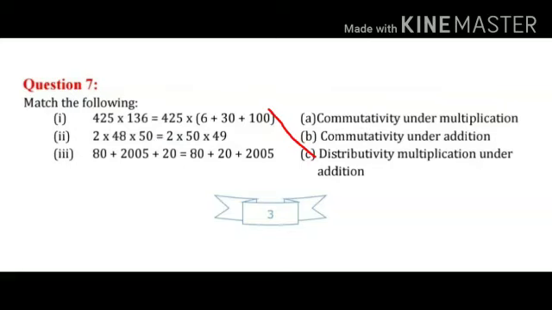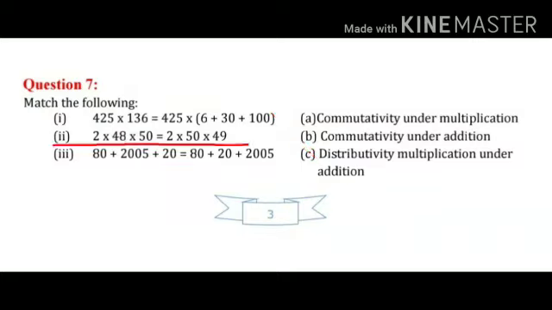Now how do we know it is distributive multiplication under addition? First we add 6 plus 30 plus 100 to get 136, and then we multiply by 425. So its property name is distributive multiplication under addition.